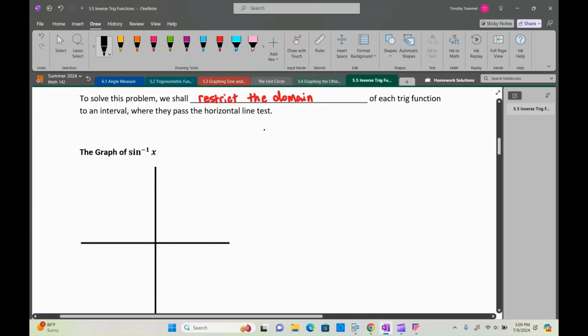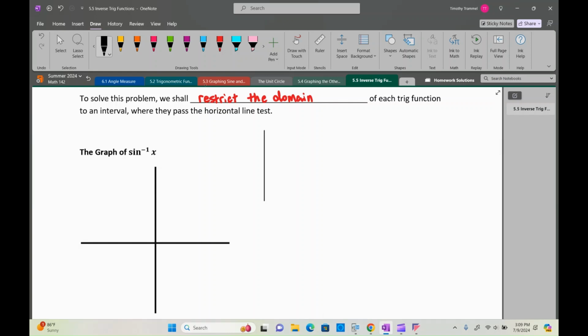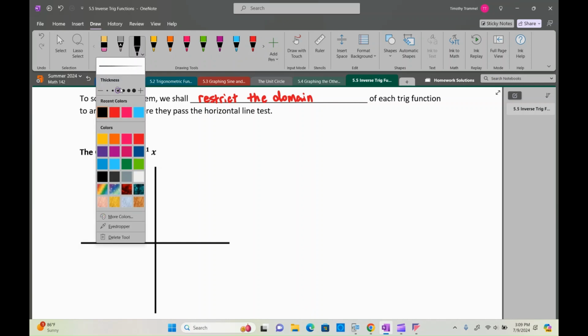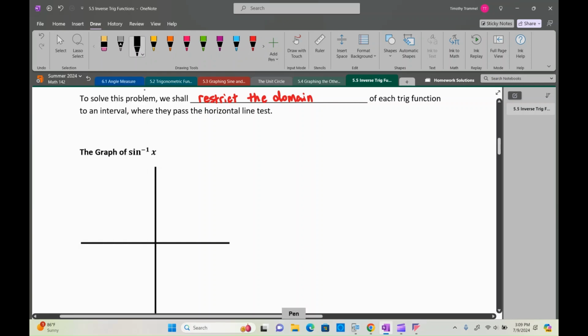Okay. So if we were to look at the graph, say, of sine of x, I'm only going to look at it over a certain region. Let me make a slightly bigger set of axes here, though. There we go.